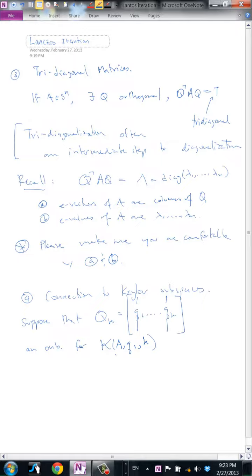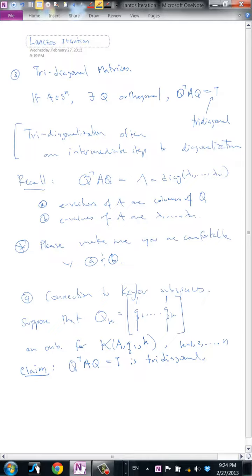So we're saying that the following is true for all k from 1 up to n. This will give us a little practice with thinking about Krylov subspaces. Then the claim is that Q transpose AQ is tridiagonal.